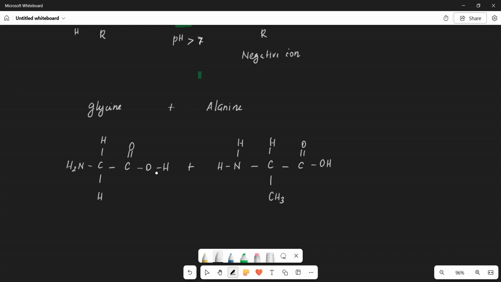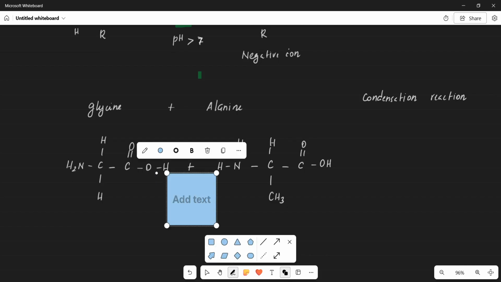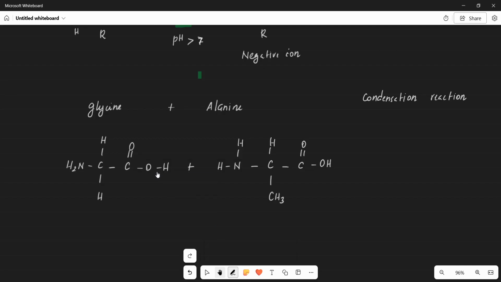So now what is going to happen? This reaction is called a condensation reaction. The type of reaction is condensation reaction. What do I mean by condensation reaction? Two molecules combine together and there will be a loss of a small molecule. Which molecule is going to get lost? That's what we are going to talk about.